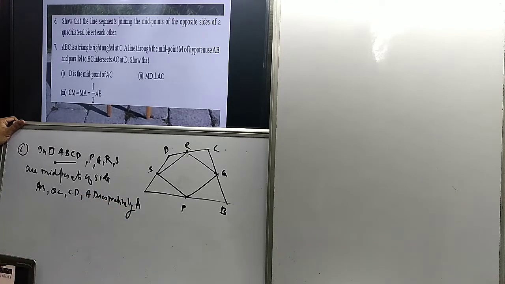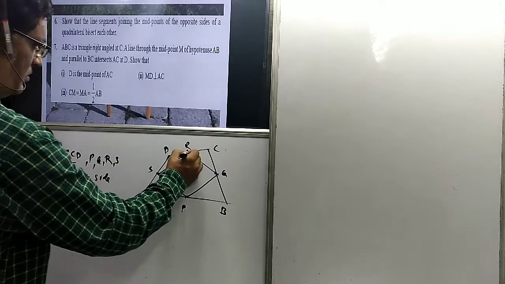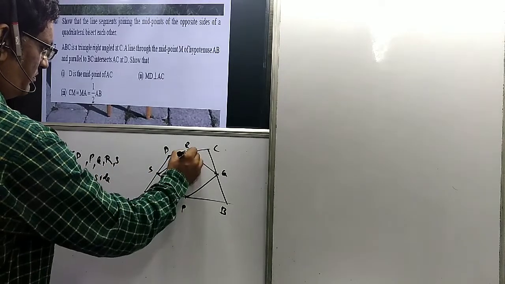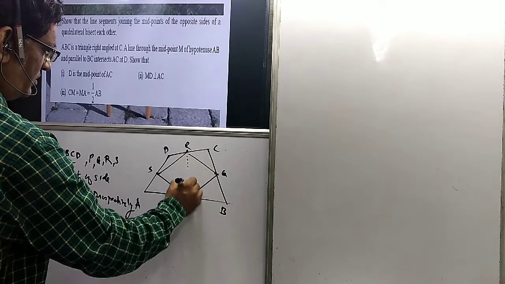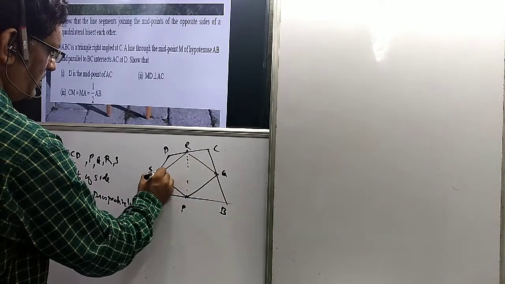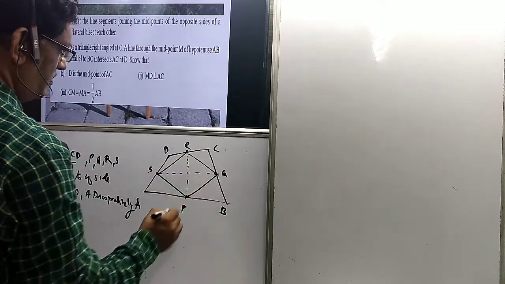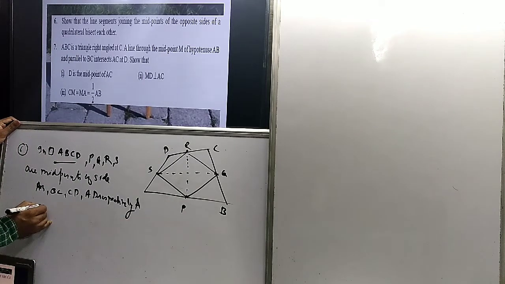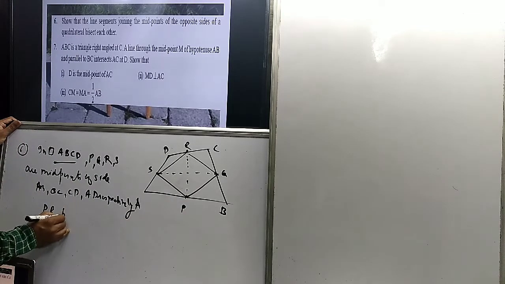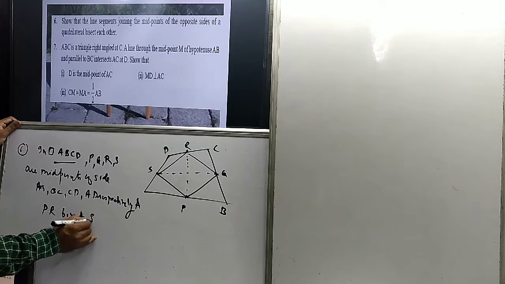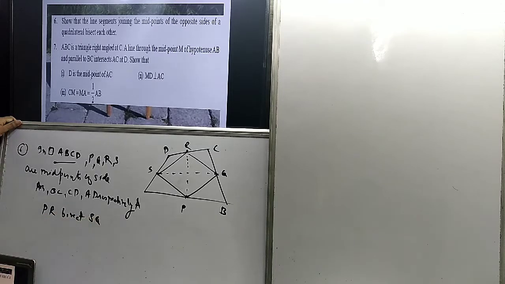Now we want to show that the line segments formed by joining midpoints of opposite sides, PR and SQ, bisect each other. PR bisects SQ.